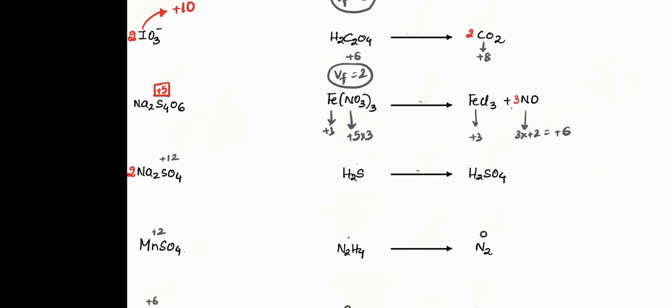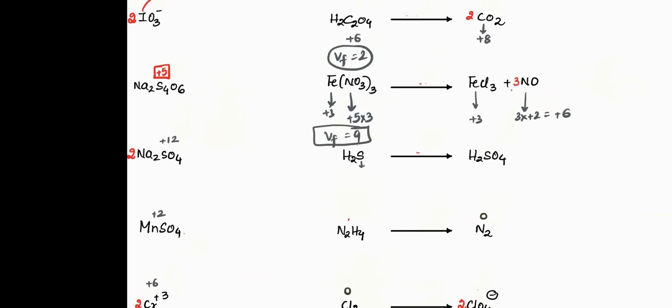Okay, so it is +6. So how much is that nitrogen's total charge? Here it is +15, here it is 6. So from +15, it is changing to 6. So how much is the valency factor? 9. Correct. So the valency factor is equal to 9.